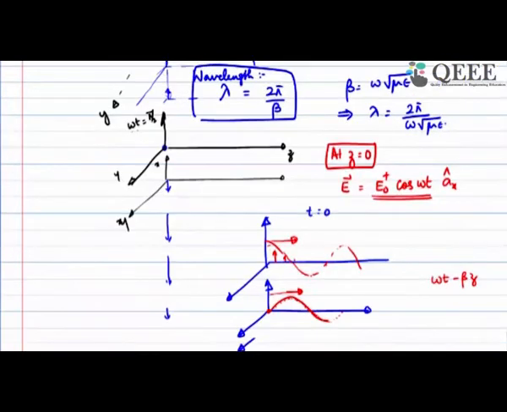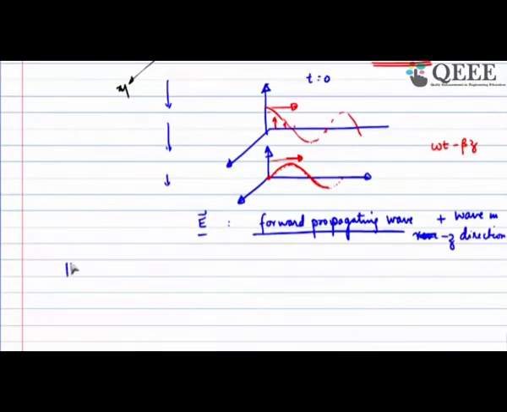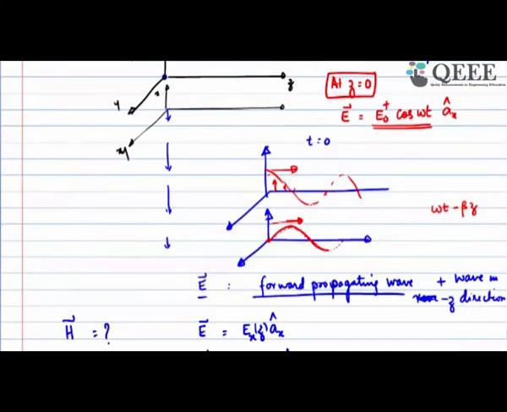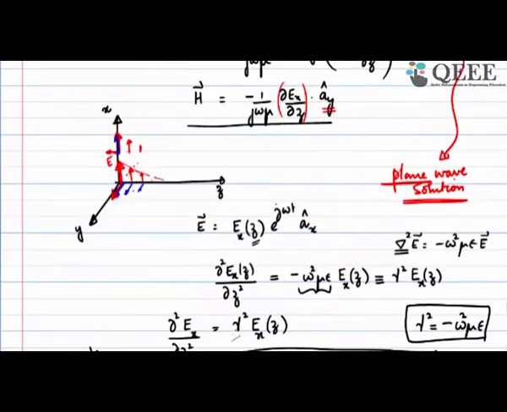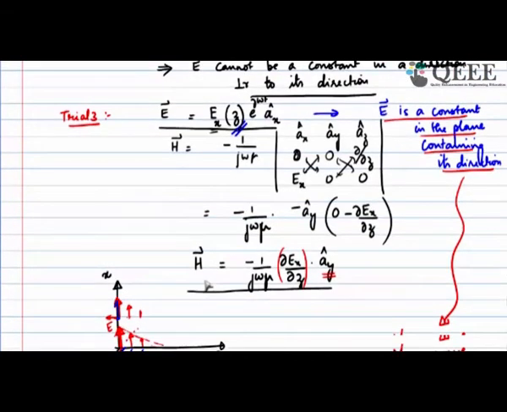The next thing to do is to figure out what H is. E is a wave. The question we are asking is, is H also a wave? Now if my E is Ex in the Ax direction, my H we figured is Hy in the Ay direction, because we wrote down the determinant and figured that H has only the y component.